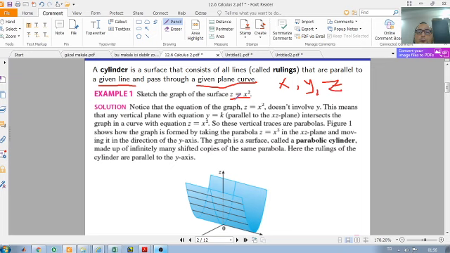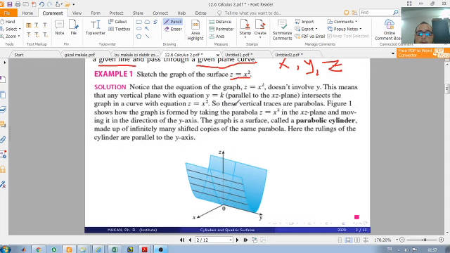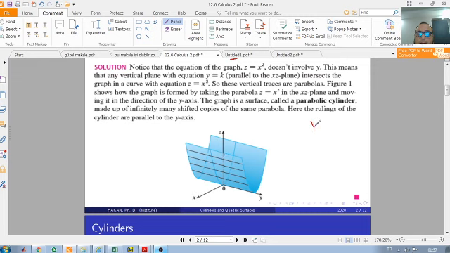An equation involving the variables x, y, and z states a surface. This means that a vertical plane with equation y is equal to k, parallel to the xz plane, intersects the graph in a curve with equation z is equal to x squared. In the xz plane, if we don't consider the y axis, z is equal to x squared.